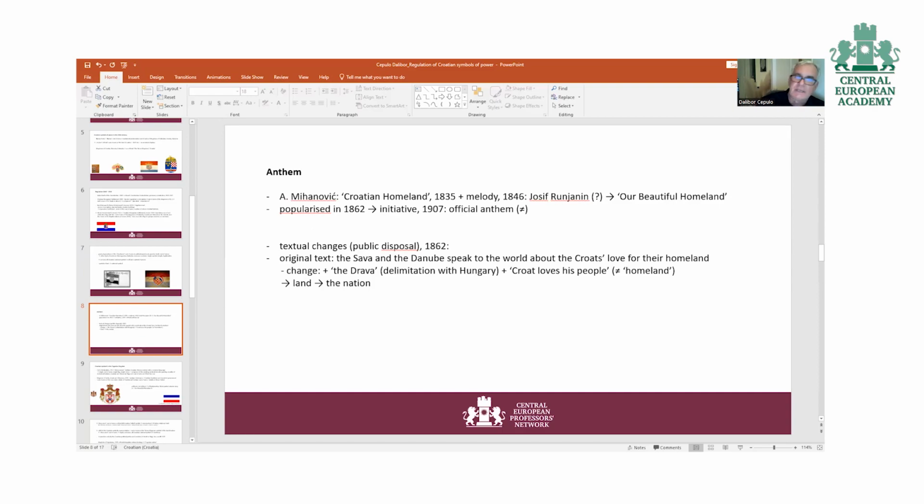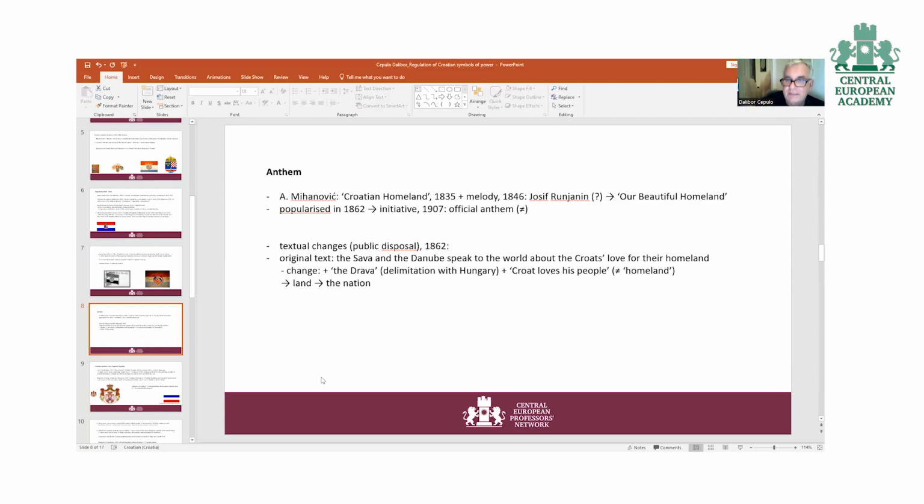What is interesting is that the anthem was exposed rather soon, in 1862, to textual changes. Namely, the original text mentioned the river Sava and the river Danube that speak to the world about the Croats' love for their homeland. And in 1862, the Drava River was also added to these verses. The Drava River was the delimitation between Croatia and Hungary.